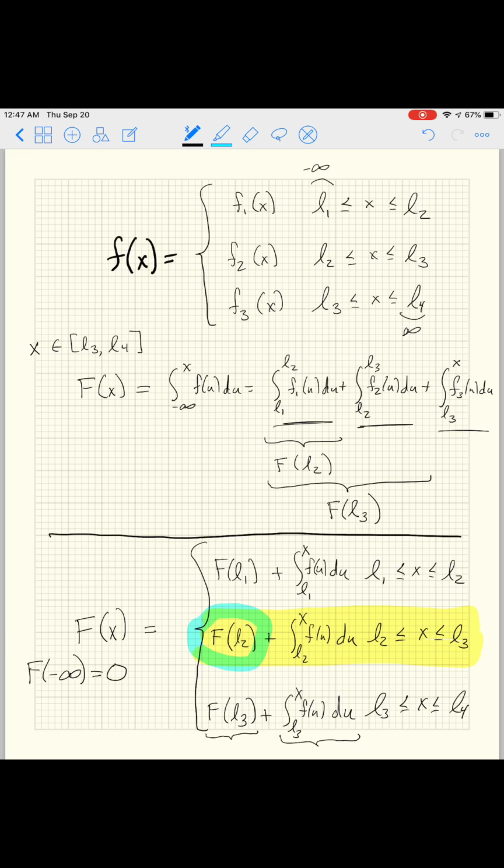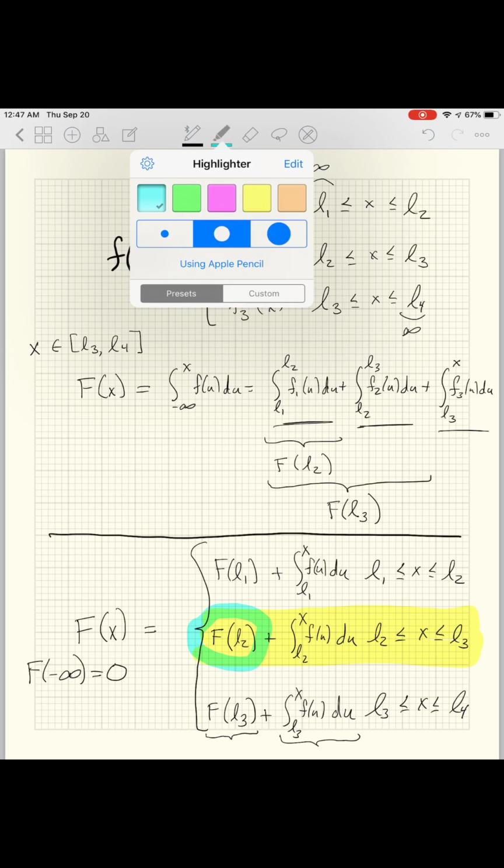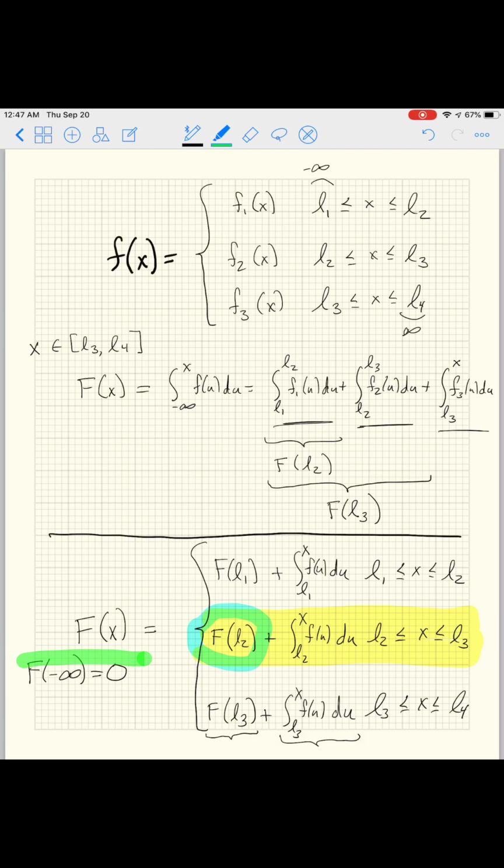This F of negative infinity is implicitly in the first row of every CDF.